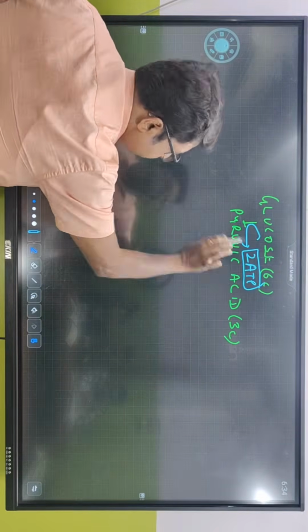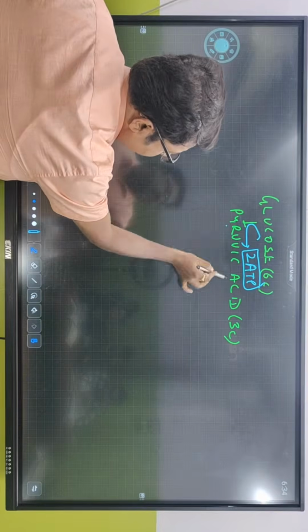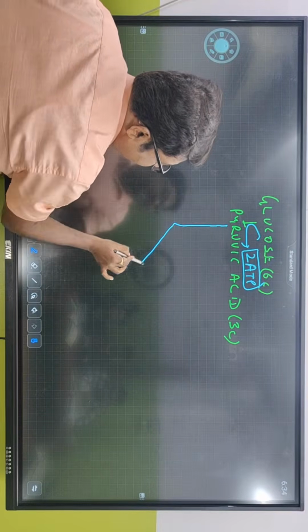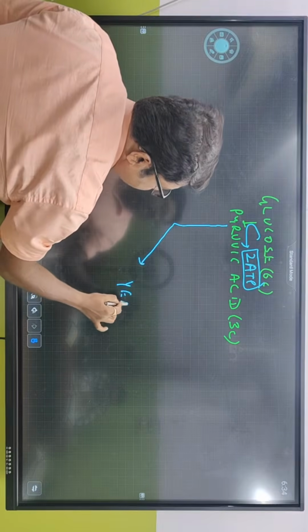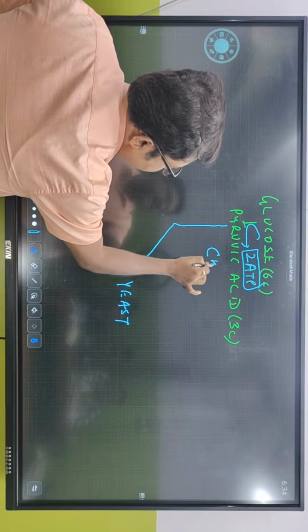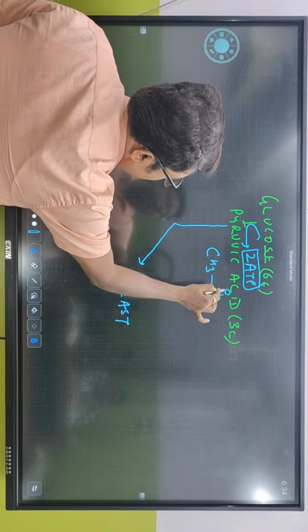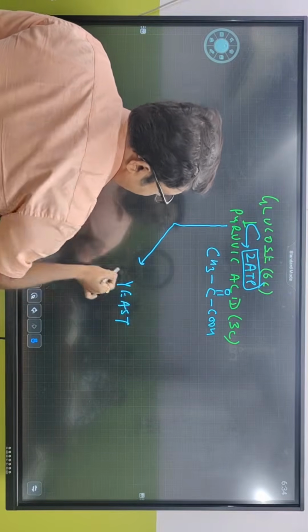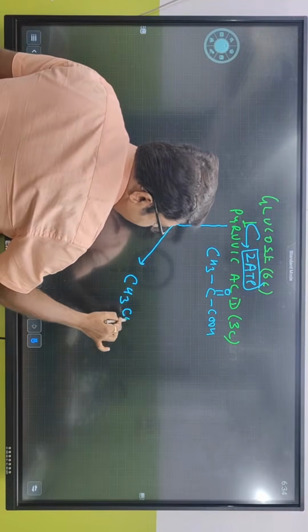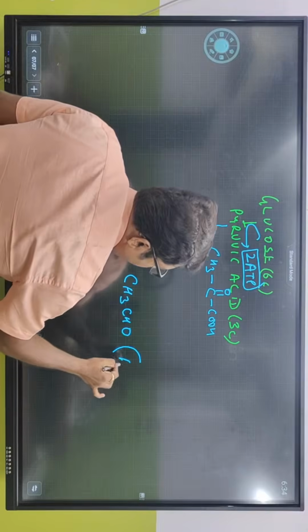Now from pyruvic acid, if this takes place in yeast cell, that is CH3, C double bond O, COOH. From this pyruvic acid, it first forms into acetaldehyde, CHO. It forms into what?